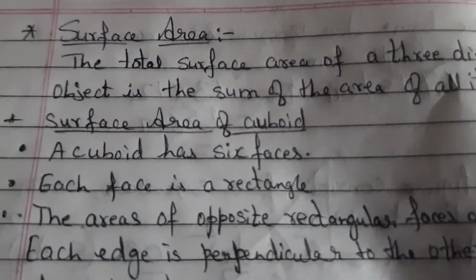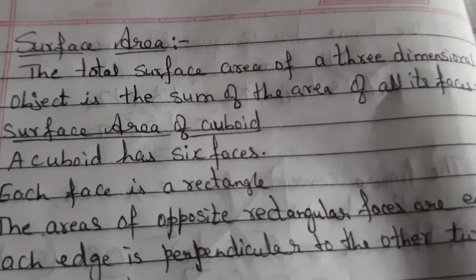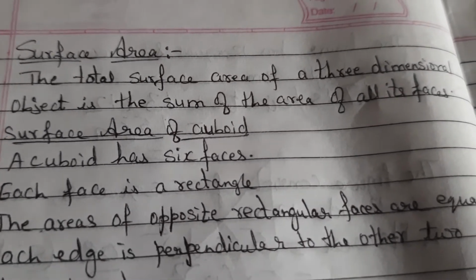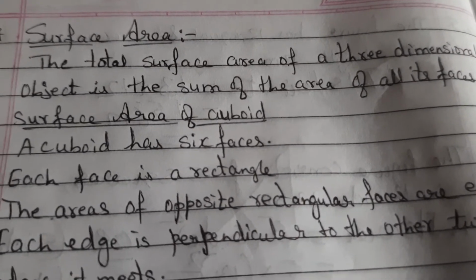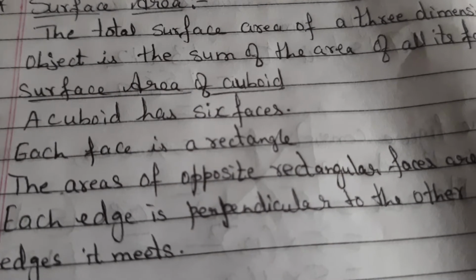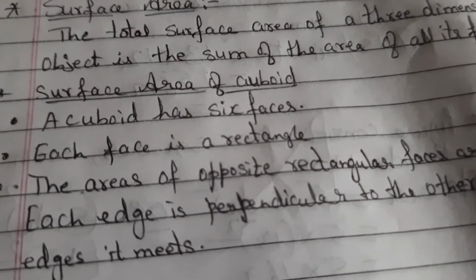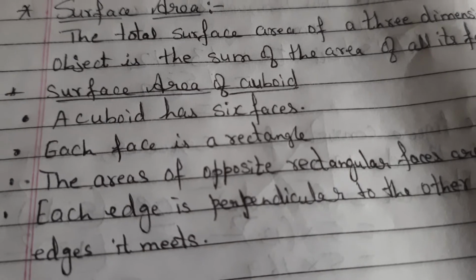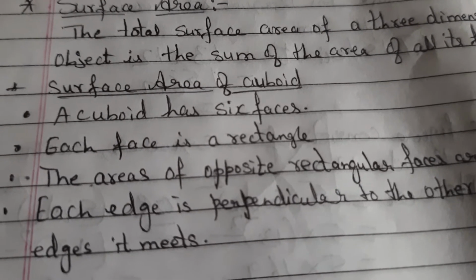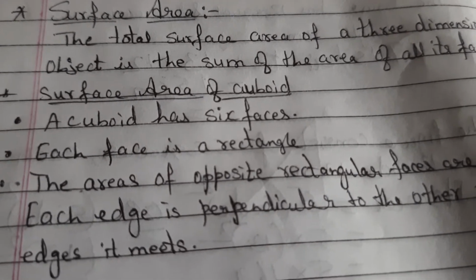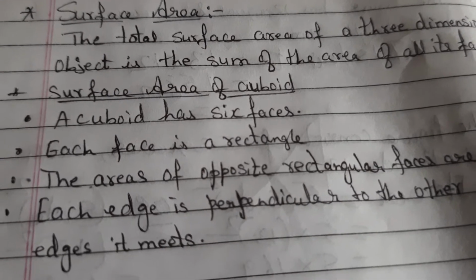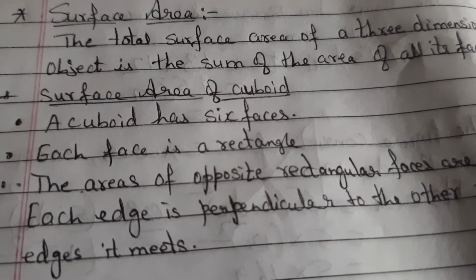Surface area, I've written down. The total surface area of a 3-dimensional object is the sum of the area of all its faces. Correct? Now surface area of cuboid. A cuboid has 6 faces. To tell you, children, a cube also has 6 faces. Okay? Each face is a rectangle in a cuboid.